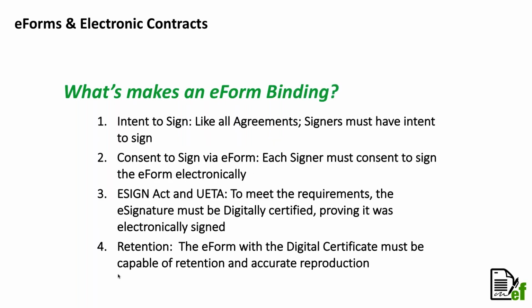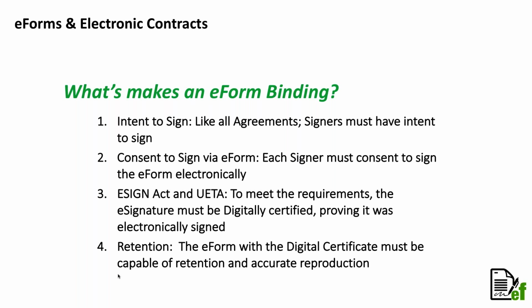So what makes an eForm binding? There are 4 main areas that are legally required to make an eForm an electronically binding form. One is there has to be an intent to sign. This is like any agreement, whether you do a paper agreement or you do an electronic agreement, the signer must have an intent to sign that form.